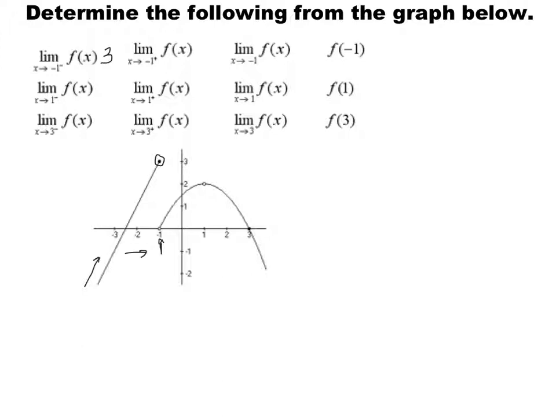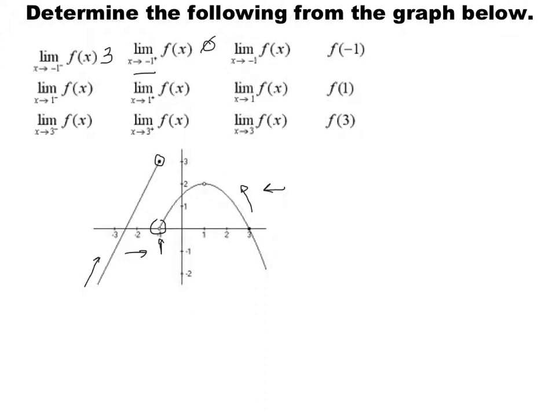The value of the limit going to negative 1 from right, here. If we go to negative 1 from right, we have to follow this curve. When we go to negative 1 from the right, the value of the limit becomes here, which is 0.